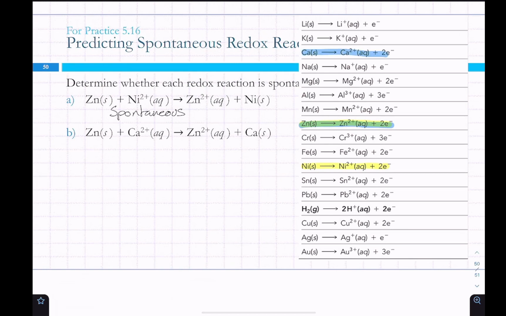And it's not. Calcium's higher. So we're always starting with the element that we have that's a metal, and then we're checking from there, do we go up or do we go down on the activity series? If you go down, it's spontaneous. If you go up, it's not spontaneous. This would be non-spontaneous.